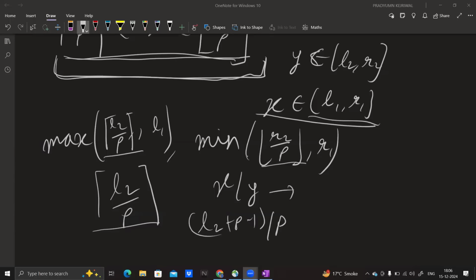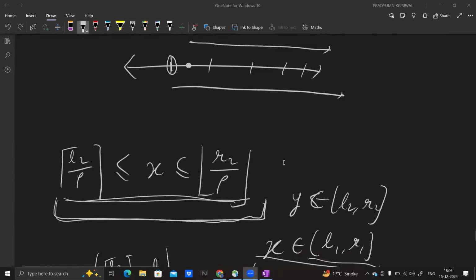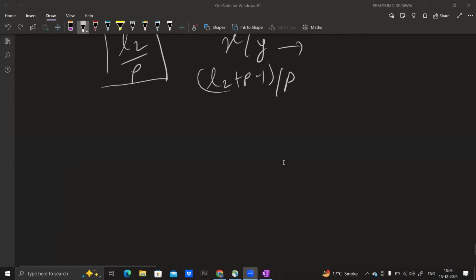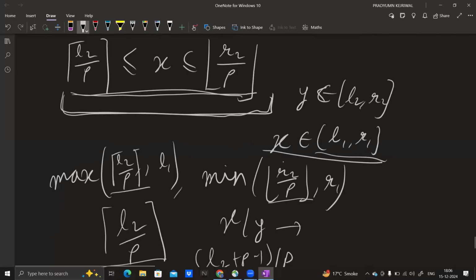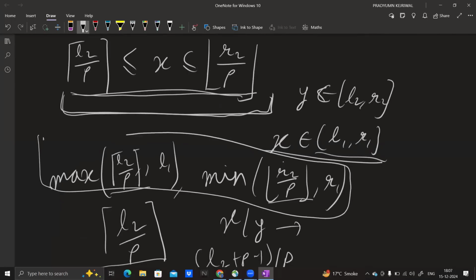Okay, right? So now what we have is, for a certain value of n, we have k to the power n as p. So for a certain value of p, we have found the number of pairs. Basically after taking the intersection, we'll get this, right? The number of numbers that are in this interval is our number of pairs. That is clear, I think.